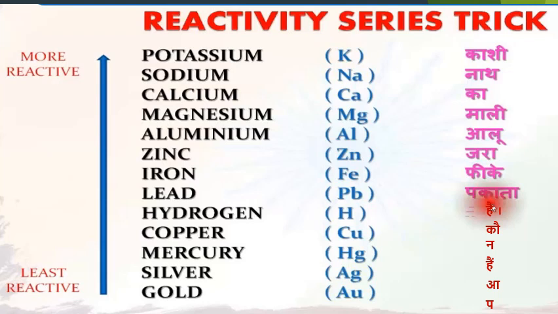There are two A's: one A for argentum and the second A for aurum, that is silver and gold, and Pt for platinum.